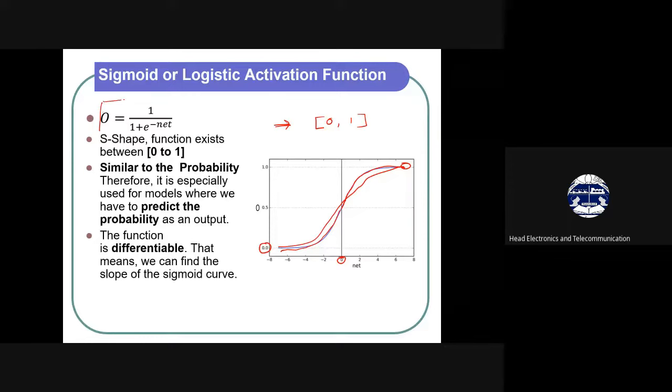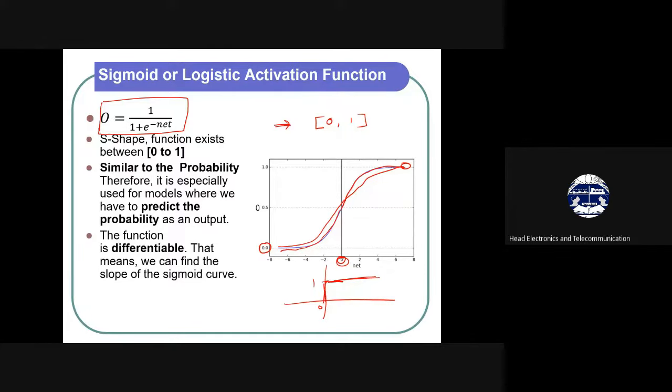The function which does this is called the sigmoidal activation function or logistic activation function. You can say this is a brother of the earlier activation function, 0 to 1. Instead of that, you have a smooth version, and remember the threshold here is at 0. If I want to draw the equivalent, I should draw like this.